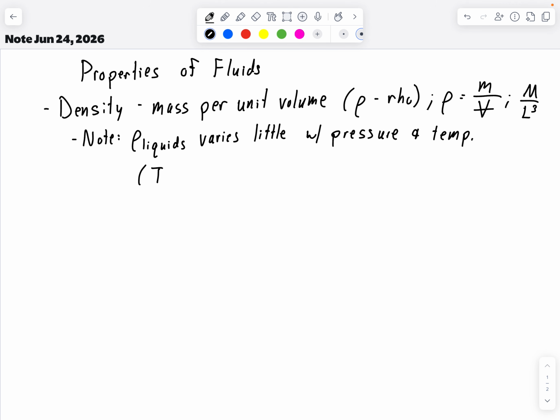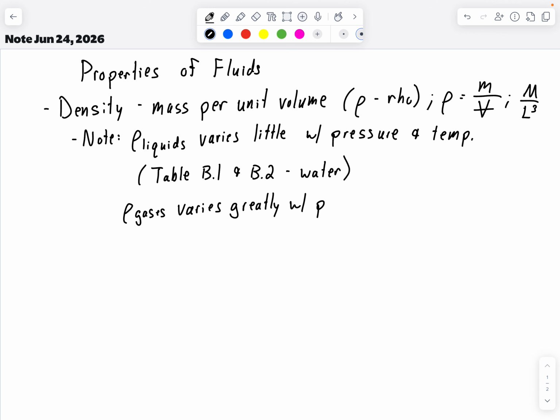For example, you can look at table B1 and table B2 in your textbook, which show how the density of water varies with temperature and pressure. However, the density of gases varies greatly with pressure and temperature.